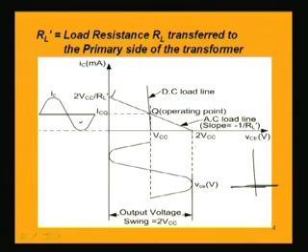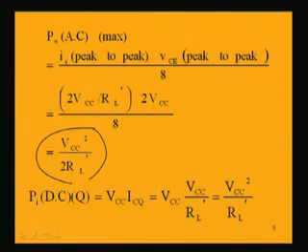Q point is the quiescent point, and at that quiescent point the collector current ICQ, that is the DC collector current, is equal to VCC by RL dash. So, multiplying VCC by RL dash with VCC, we get VCC square by RL dash. This is the DC input.